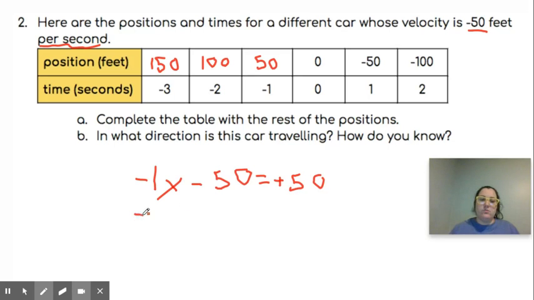Negative 2 times negative 50 is positive 100. You should be starting to notice a pattern in this.